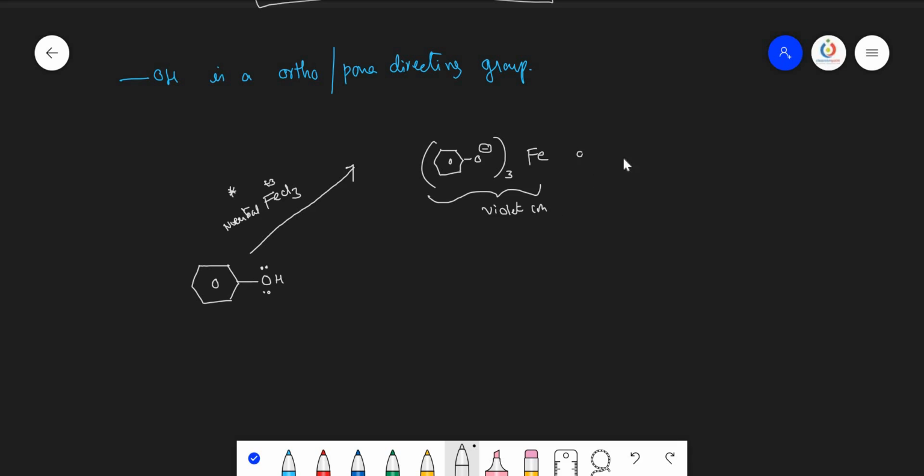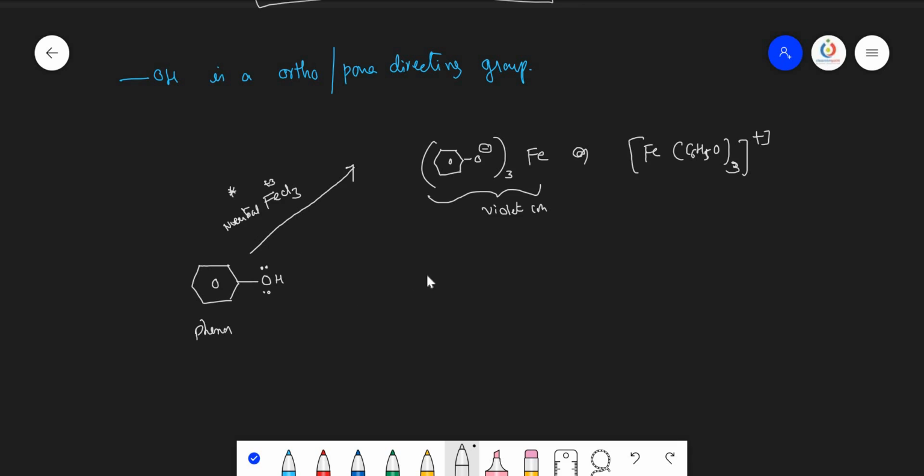Violet color, or else it can be written as FeC6H5O. When you don't mention the negative charge, when you mention the O, then you have to show the positive charge. 3 plus 3. So phenol reacts with the neutral FeCl3 and gives the violet color. This is the test to identify the presence of the phenol.